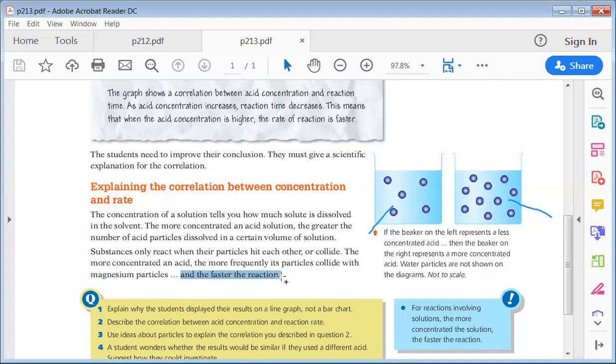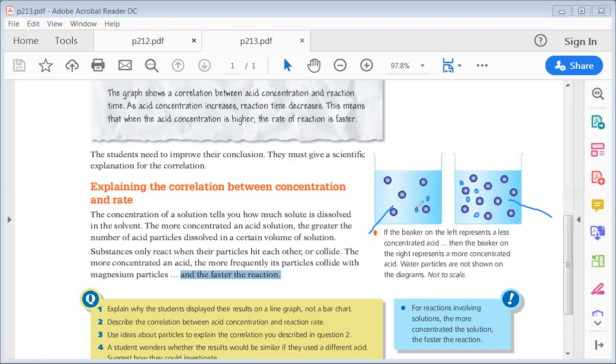So as you add more particles of the hydrochloric acid here, and less here, they will touch each other more. They will be in contact with each other more and more, or they will hit each other, so they will react.